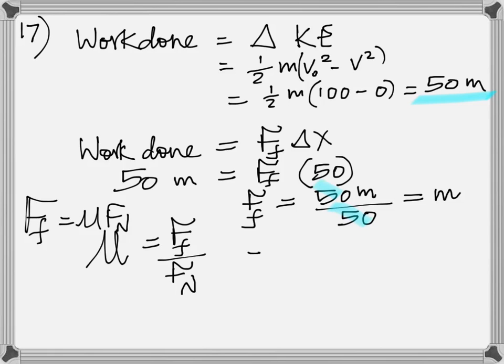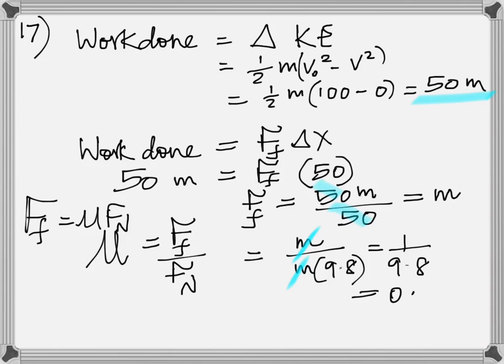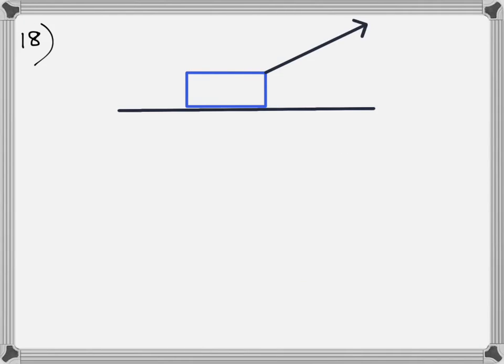So I just switched them and made mu is equal to Ff by Fn. That's all. And the frictional force is m, so m divided by, oh, you know that the normal reaction is the weight if it's on a horizontal surface. So m times 9.8. Cancel and you get 0.11. I mean 0.1.